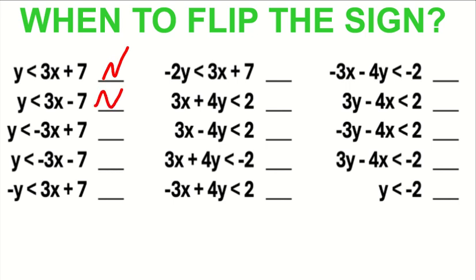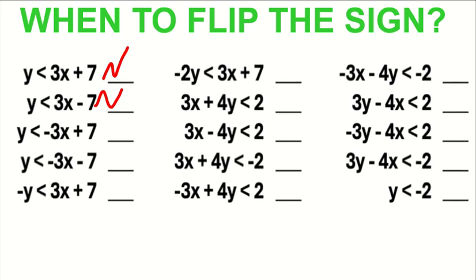No. Third? No. Fourth one? No. Bottom? Why is that one a yes? We got a negative in front of the Y. All these others, even if they've got a minus sign or a negative sign in them, those signs don't matter. It has to be with the Y.